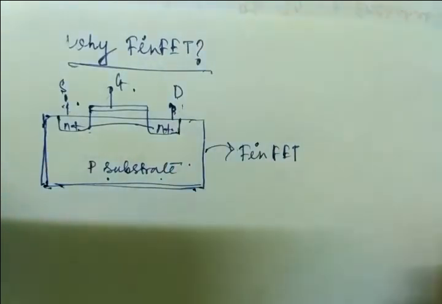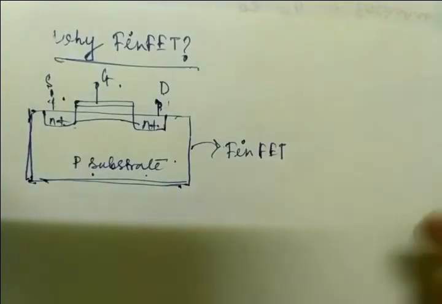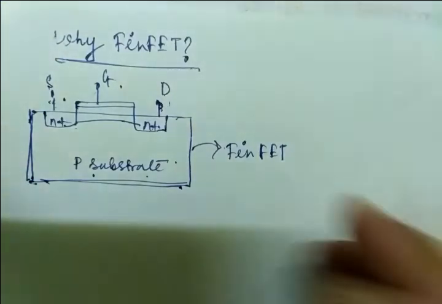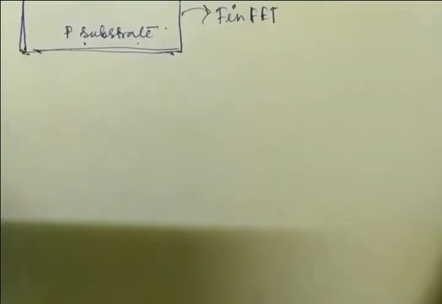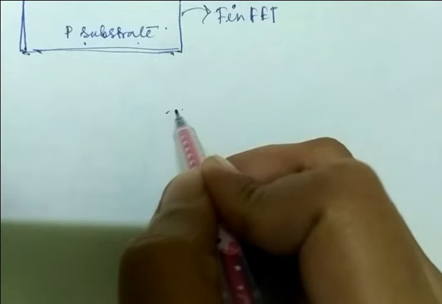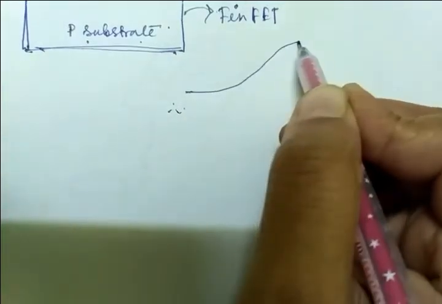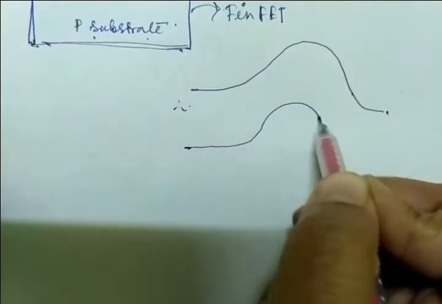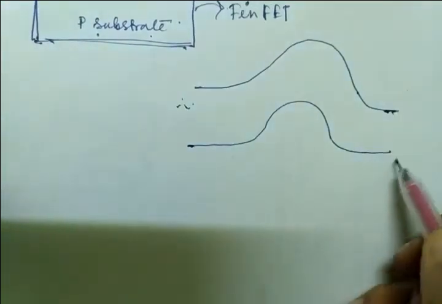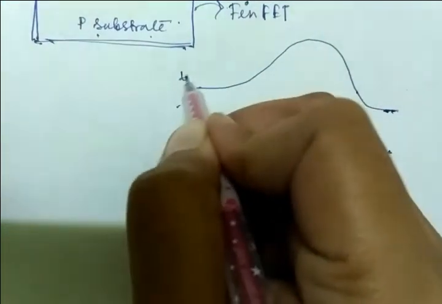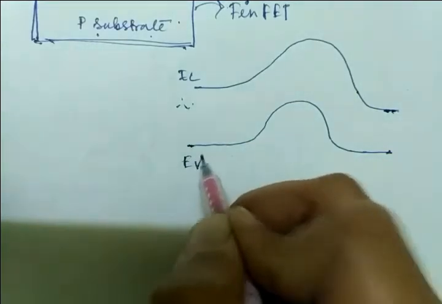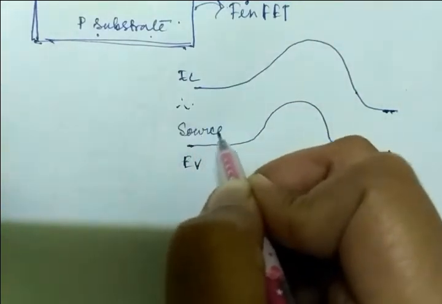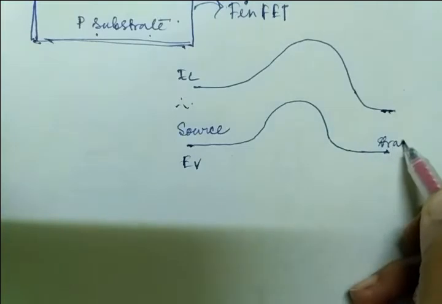So if we see the band structure, here I think it's visible. This is your EC conduction band, this is your valence band, and this is the source, and this is your drain, right?